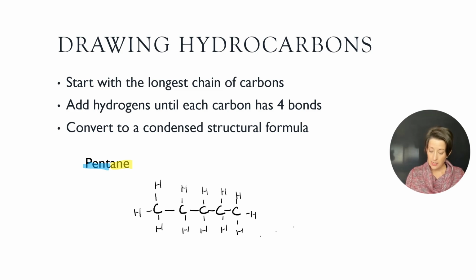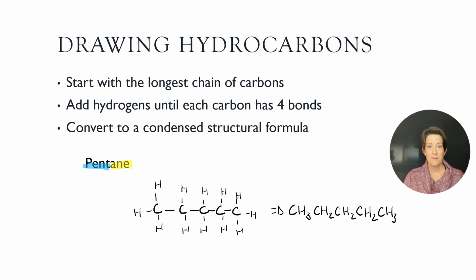Right? So you can go through and write in each of those individual bonds, and then you can collapse them into your condensed structural formula. And there you have pentane.